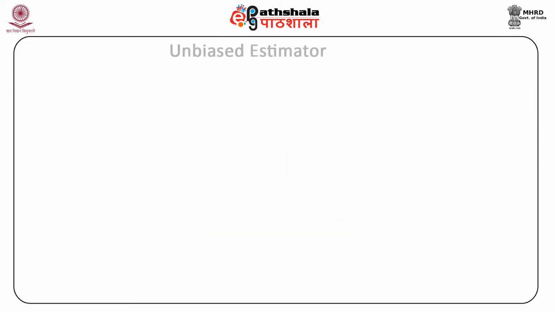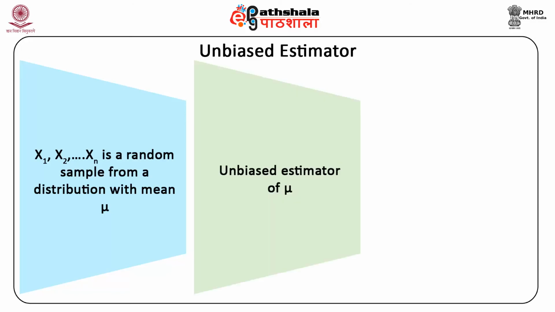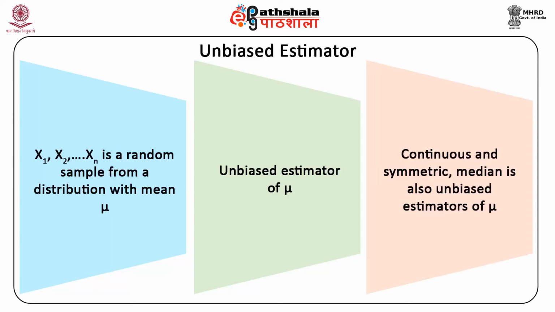The last property we have is that if x1, x2, up to xn is a random sample from a distribution with mean mu, then x bar is an unbiased estimator of mu. If the distribution is also continuous and symmetric, then the median and any trimmed mean are also unbiased estimators of mu.